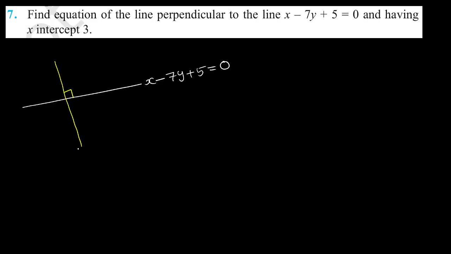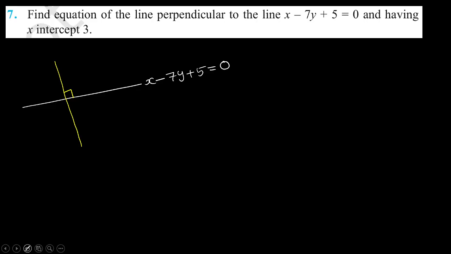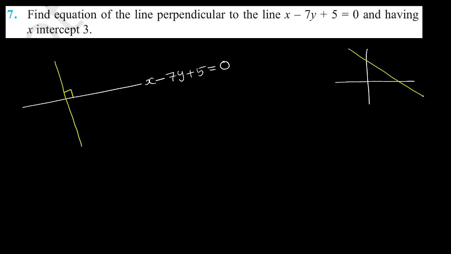What do you mean by x-intercept? Anybody? You forgot it, I think. X-intercept means the line cuts the x-axis at 3. It's very easy to memorize.